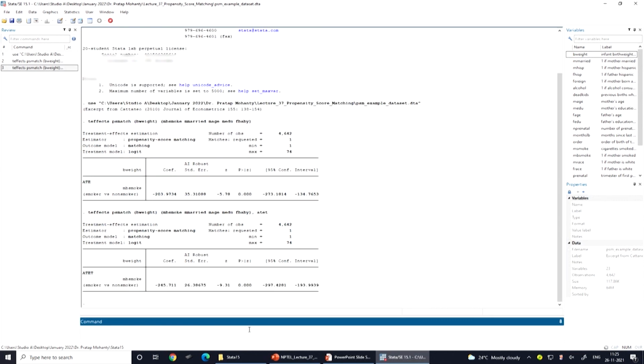Now this is going to give us the result. Within the sample where the treatment has been applied, we found that mothers who were smoking during their pregnancy had their babies' birth weight reduced as compared to those who didn't smoke. In the treatment group itself, the impact is higher than that of the control group.